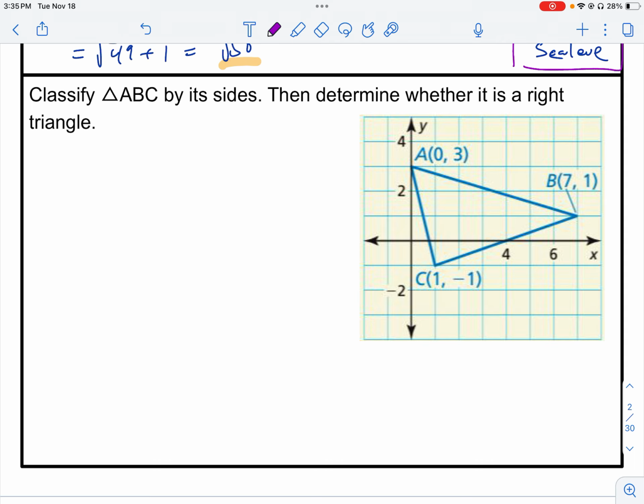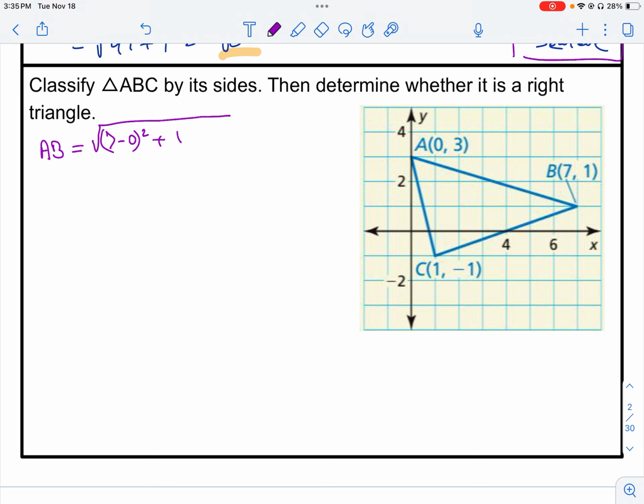Well, let's do one more example together. We're going to do side AB, and we're going to do 7 minus 0 squared plus 1 minus 3 squared. So 7 squared plus negative 2 squared.